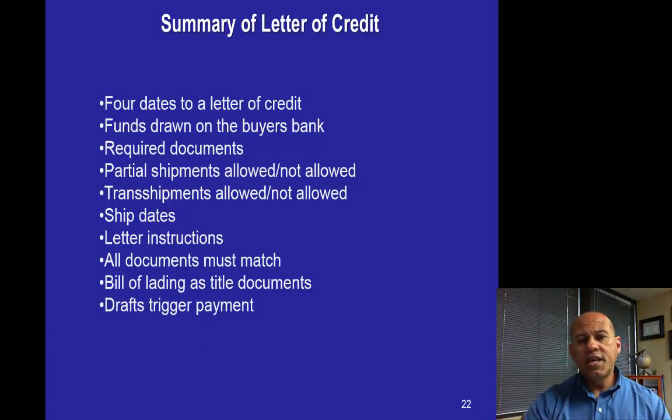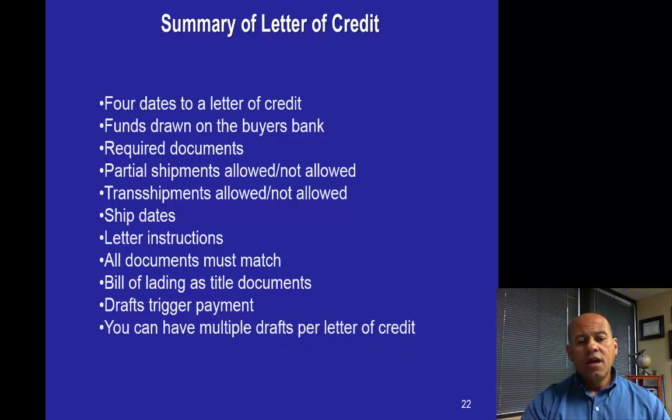And understand that bank drafts trigger payments. So you can set up terms and conditions under the letter of credit which trigger payment from those drafts. The draft is actually the negotiable instrument in a letter of credit.